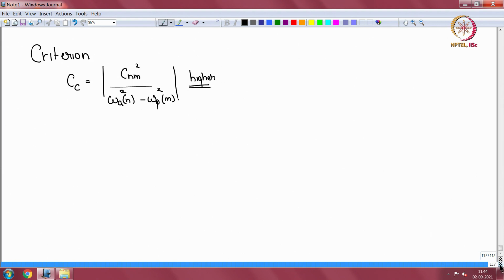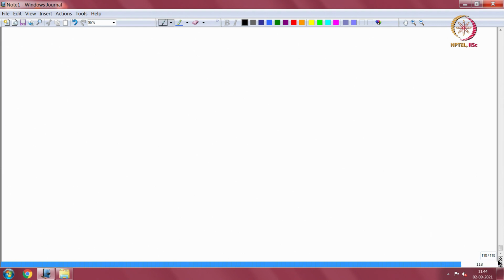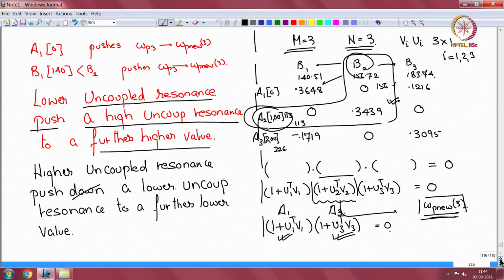Okay, what does that mean? I now want to find the new coupled value of B3, but B3 couples to the first acoustic mode and couples to the third acoustic mode. That means I can find it using the term related to first acoustic mode or the term related to third acoustic mode.